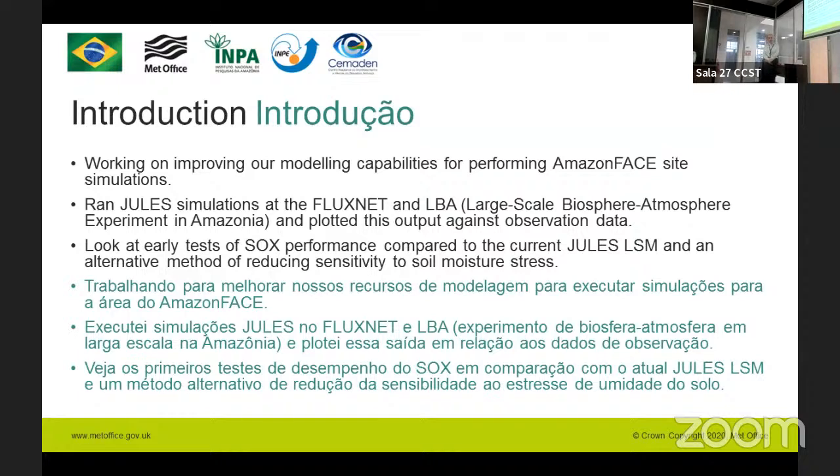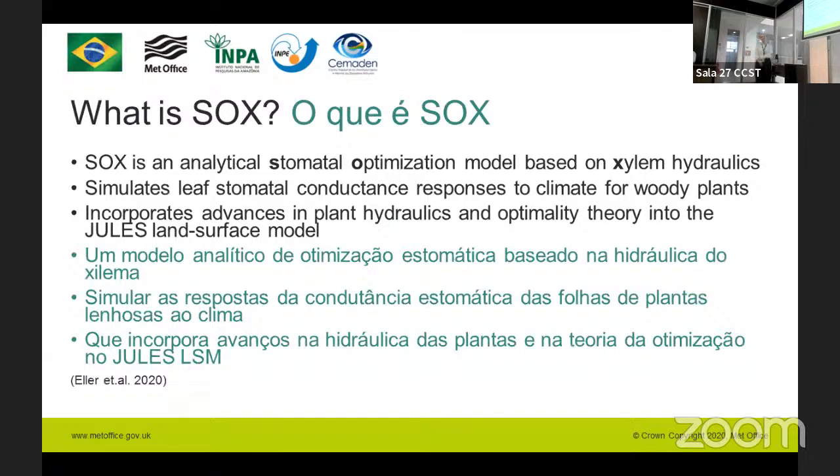So here I'm going to look at the first completed new piece of science, which is development called SOX, and compare it to the current Jules model and also some other suggested methods of improving the plant responses to soil moisture stress. So SOX is the worst acronym because it's a full sentence.